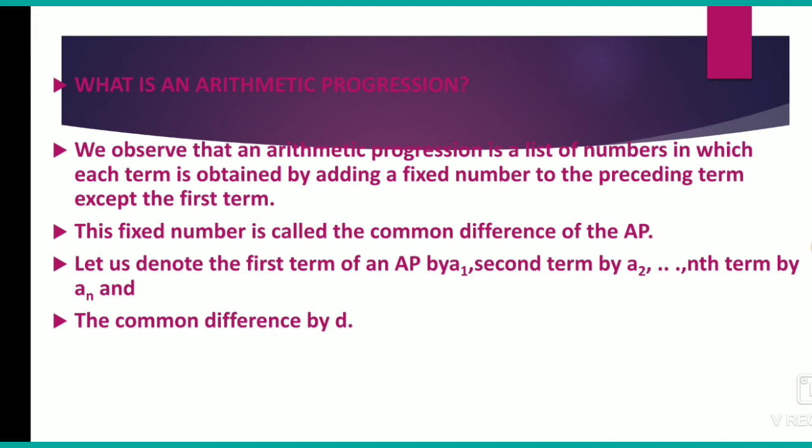So in that Hema's daughter's example, we take 1000, 1500, 2000 and so on. Her mother first saved 1000 rupees for her first birthday. On the next birthdays she added 500 every year. That means 500 is added to the first 1000, that is 1000 plus 500, 1500.